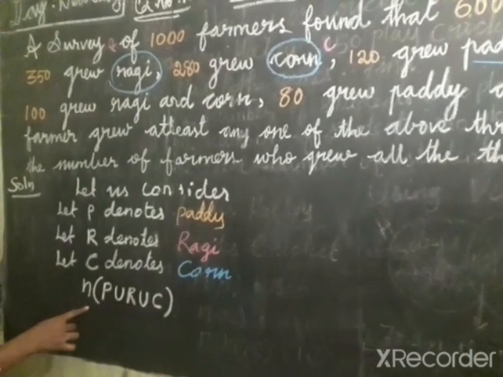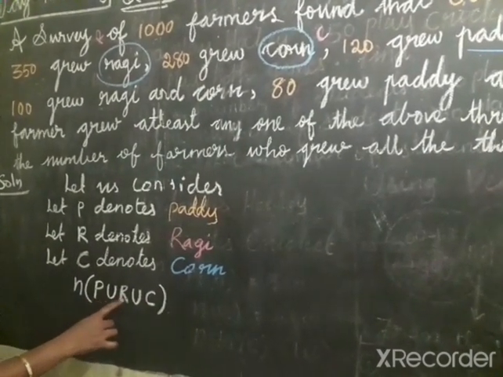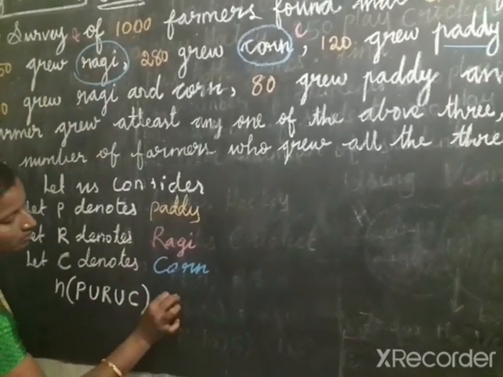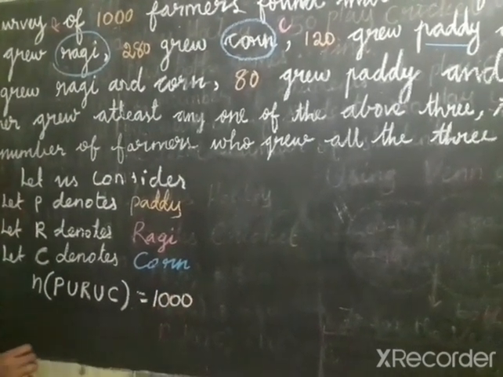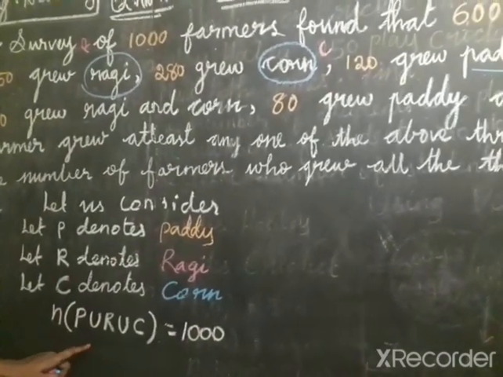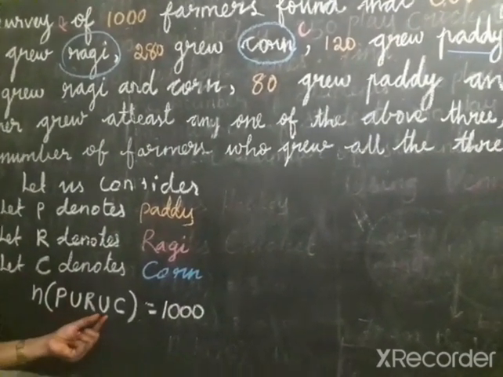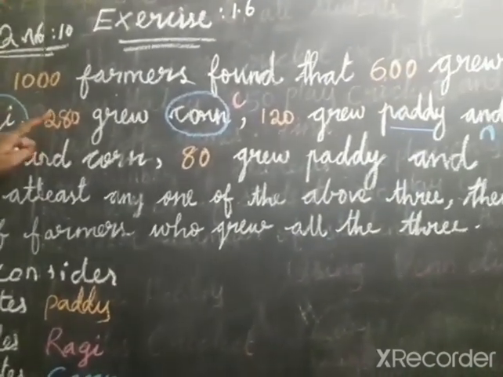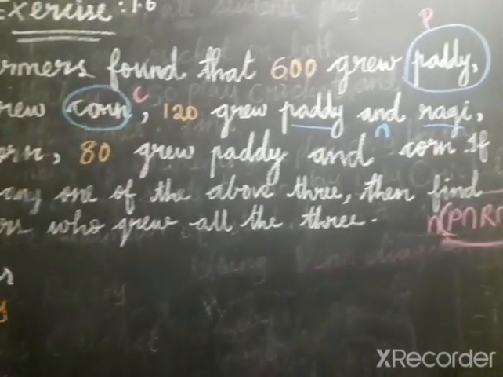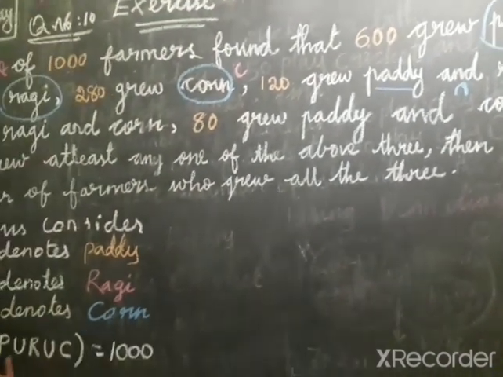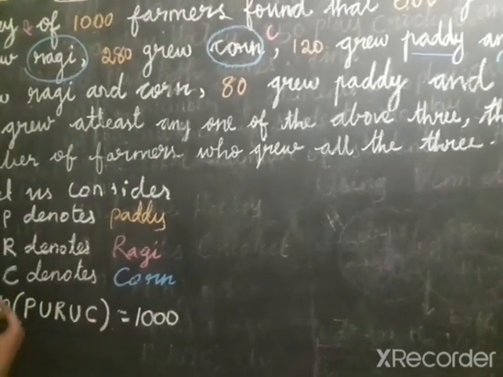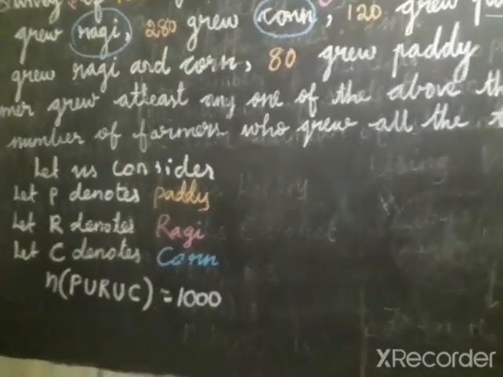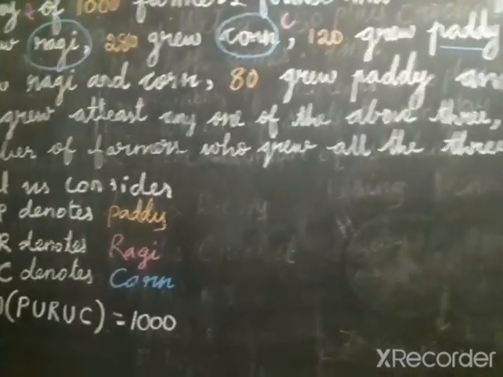So we have to write n of P union R union C is equal to 1,000 farmers. Clear? Can you understand why we write n of P union R union C? The question gives a survey of 1,000 farmers, and paddy, ragi and corn together make 1,000 farmers.